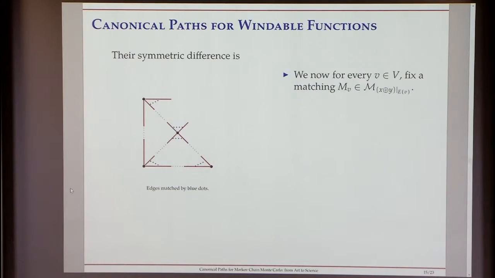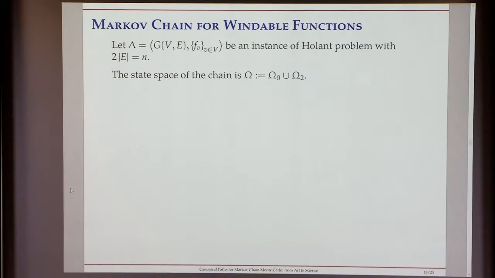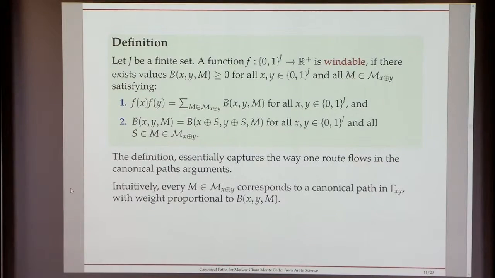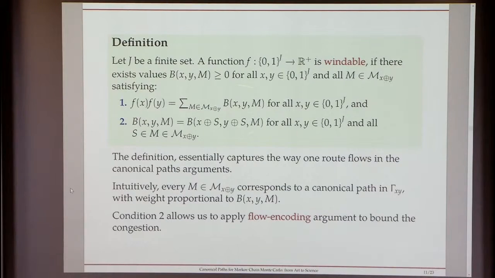If you directly apply this definition of windable, deciding whether a function is windable is not very easy. And in the work of McQueen, he gives a few examples of windable functions. But even for some very simple functions, he needs a very complicated construction of this value b.